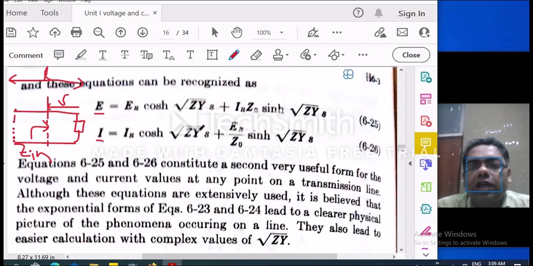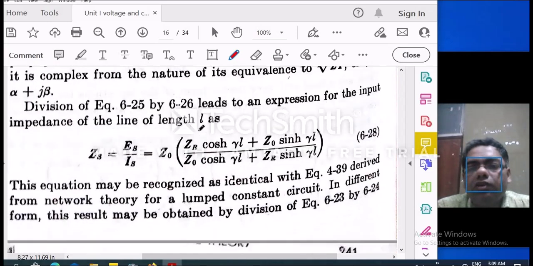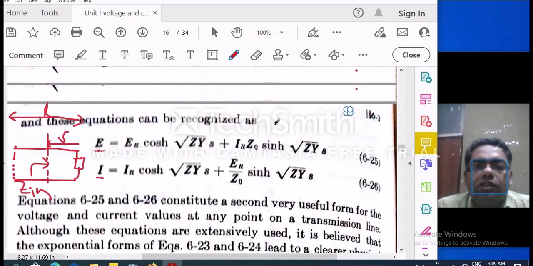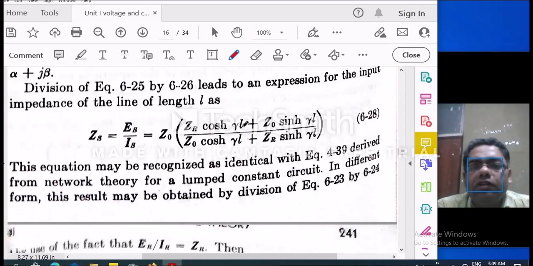So if we just take the ratio and do slight algebraic manipulation, we get it in this form. We are just taking the ratio and getting this as the input impedance of a transmission line.